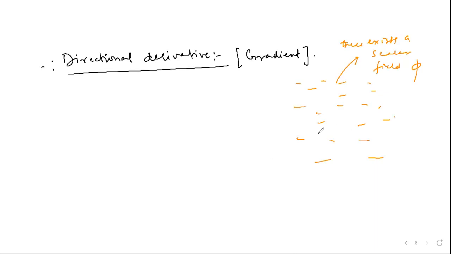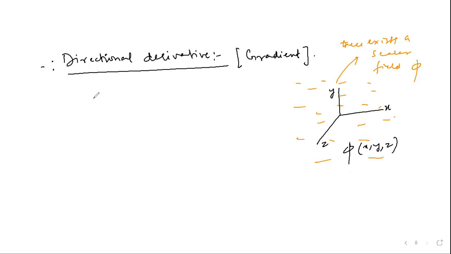That means at every point in this space, phi will have a value. There's a three-dimensional space. Let this be x, y, and z. That means this phi is a function of x, y, z, right? So I have a scalar field phi which exists in the space.